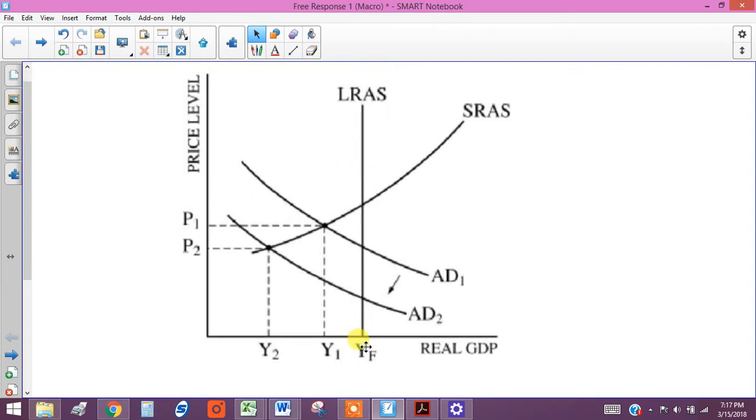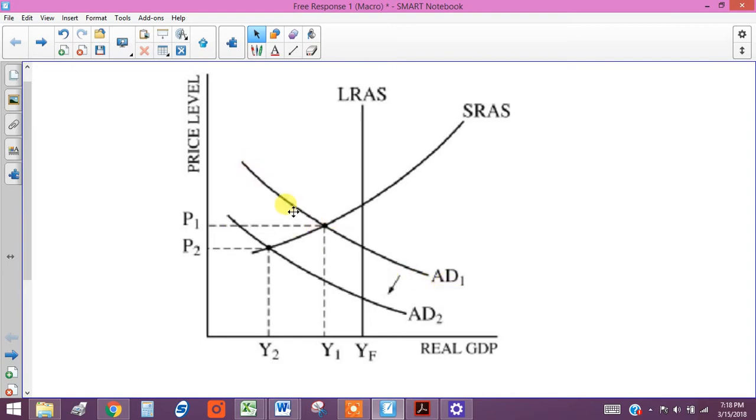You should show your Y or your full output or your potential output right here. So this is what the question is calling full employment output, YF. You should show an upward sloping short run aggregate supply curve and a downward sloping aggregate demand.